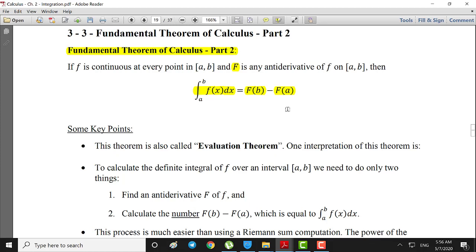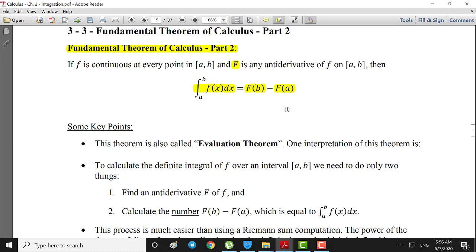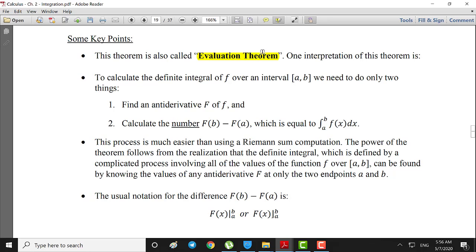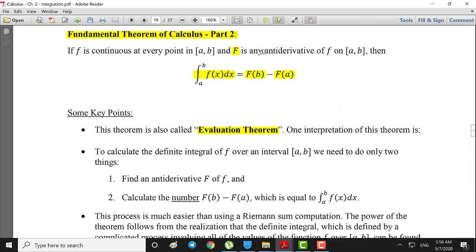There are some key points with this theorem. This theorem is also called the evaluation theorem, right? Why? Because this theorem reduces the concept of calculating the definite integral to evaluating its antiderivative at the upper limit and lower limit.